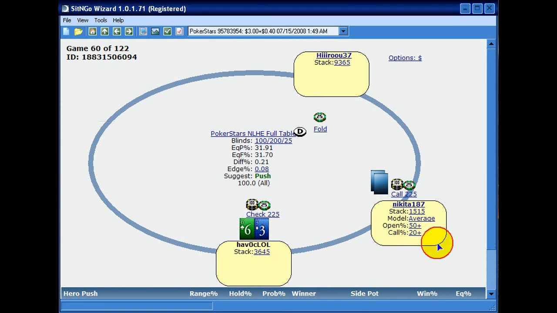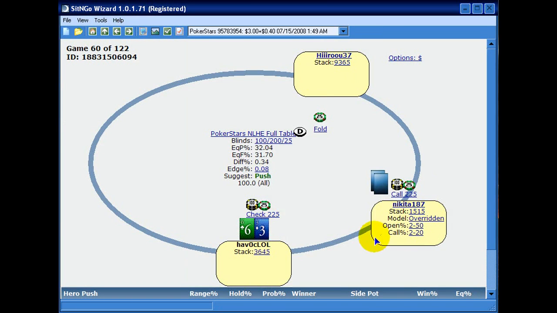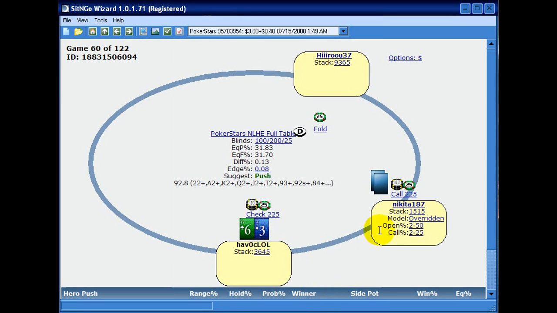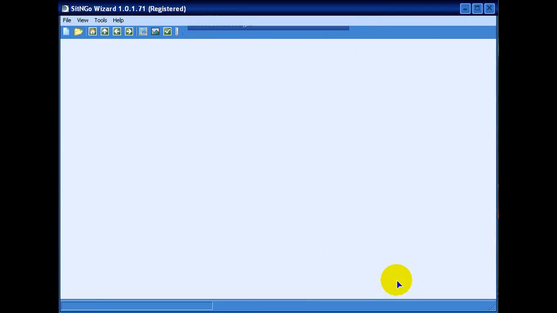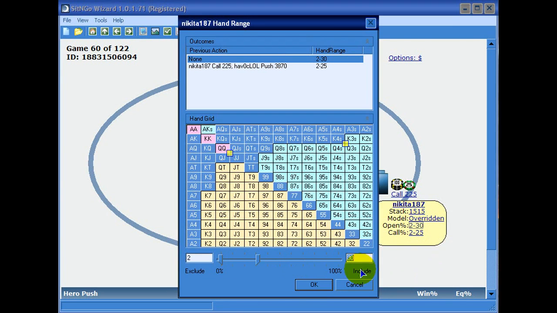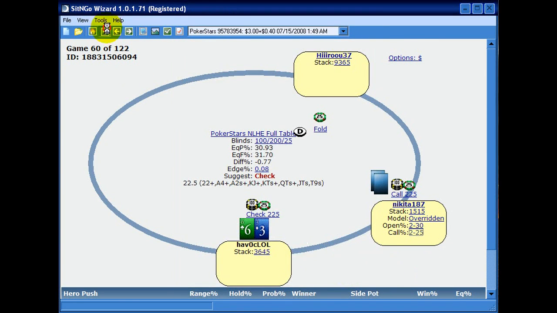He's probably raising his top 2% of hands, at least. And he is probably calling a bit more, and at least he's opening a bit less. So very quickly we can tell that we shouldn't really just go around pushing any 2 cards into small blind. Although I think I do here anyway.